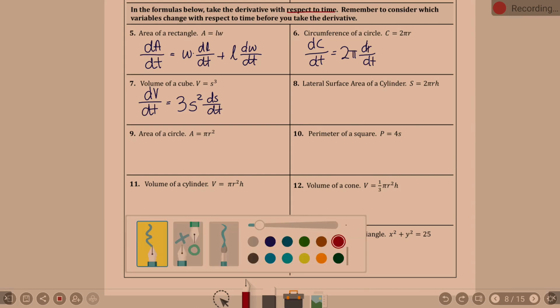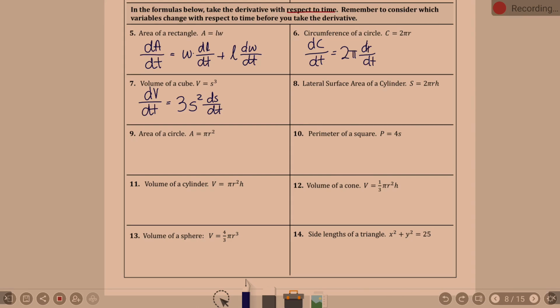What are you thinking? dP dt. Derivative of P is just going to be dP dt, equals derivative of 4S. 4 times ds dt. Oh, that's what you do.